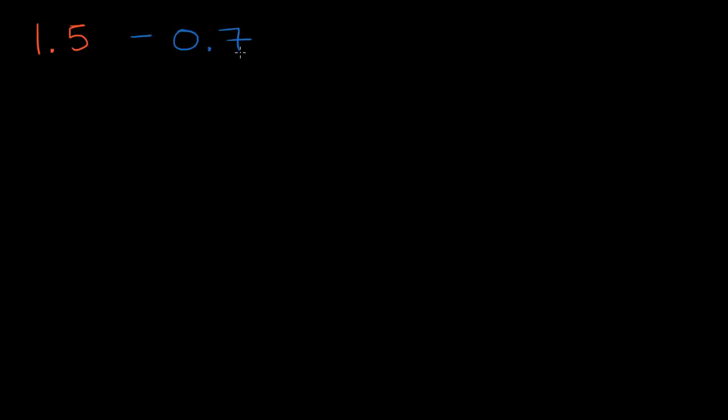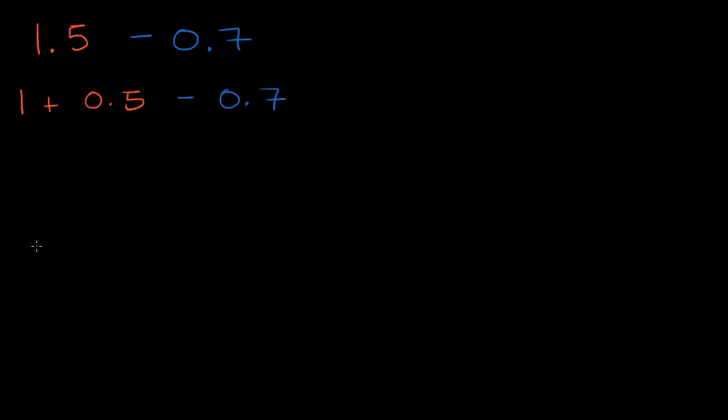Pause the video and see if you can figure this out. So there's a couple of ways you could think about this. And I'll tell you the way that I do it in my head. You could view this as 1 plus 5/10 minus 7/10.